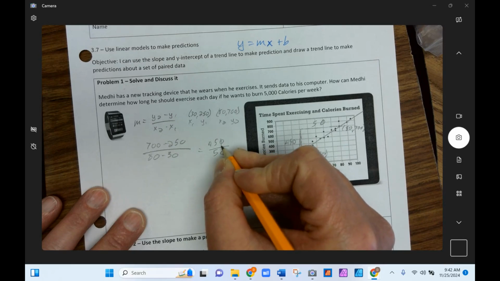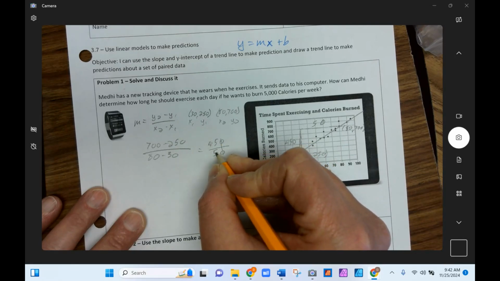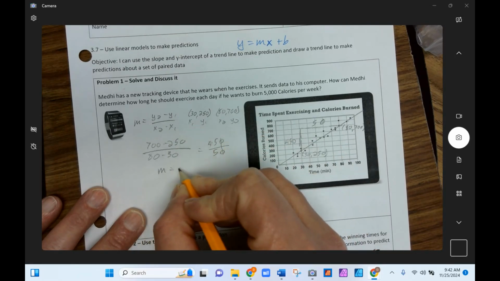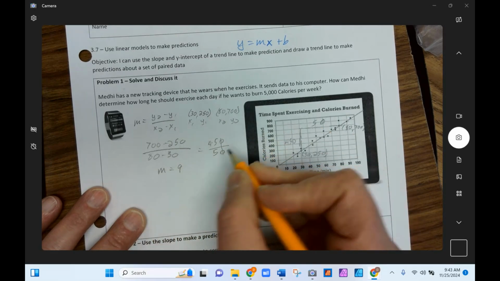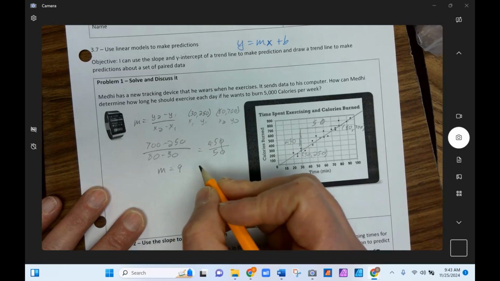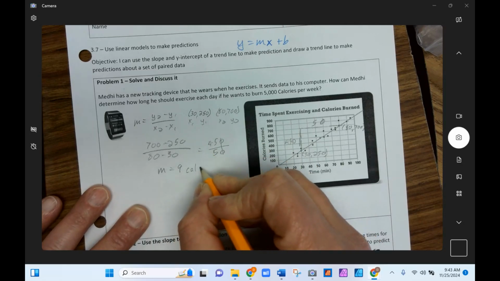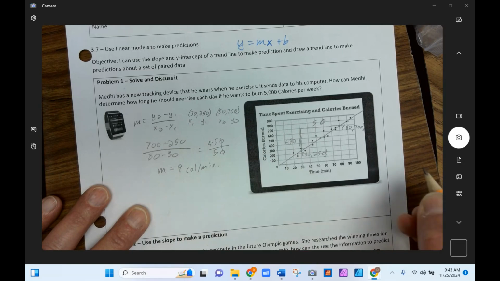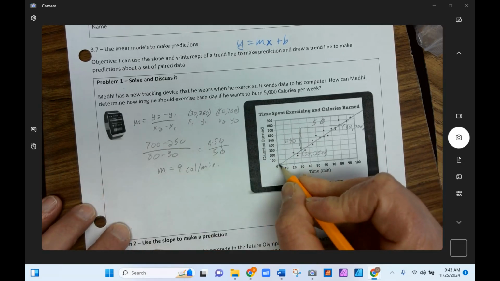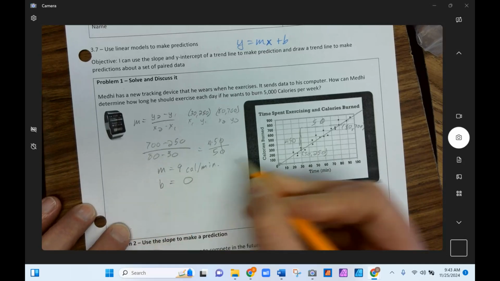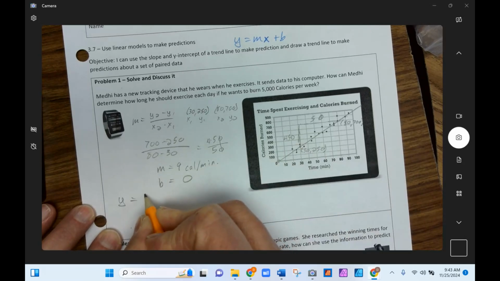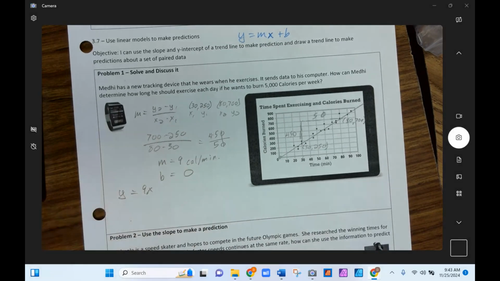We can cross out those zeros, and then 45 divided by 5 is 9. So we have a slope of 9 calories, so 9 calories per minute burned. Okay, and then we have our y-intercept here at 0, 0. So our b value is 0. So our equation is going to be y equals 9x plus 0, which is just 9x.